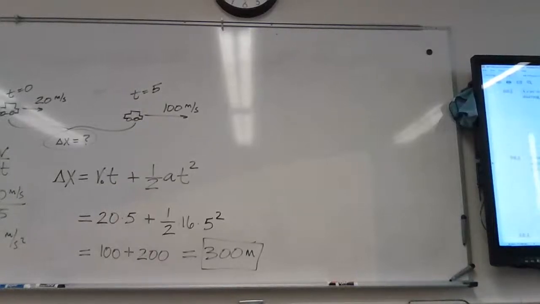Okay, number 30. All right. So 31 is very similar to the last question. Very, very similar. You know the initial velocity, you know the final velocity, you know how long that acceleration took. So again, I want you to try it out with the formula.